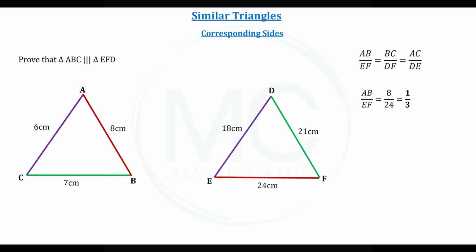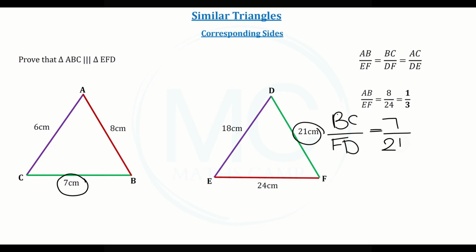Now let's look at side BC and its corresponding side FD. So we can say side BC over the corresponding side FD. BC is 7 centimeters long and FD is 21 centimeters long.